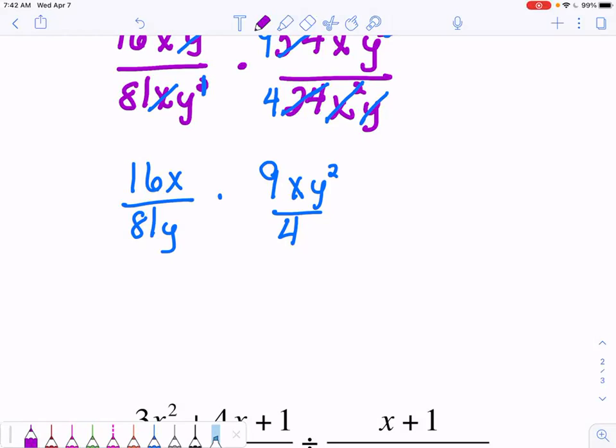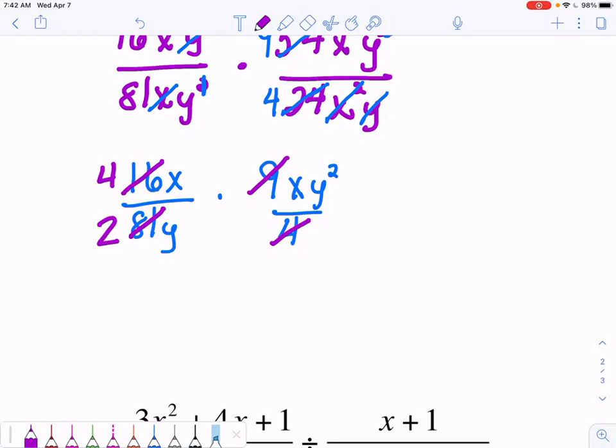So I can take 16 and 4 and reduce them. 16 reduces to 4 and the 4 goes away. Looking at the other diagonal, the 9 is in the numerator, the 81 is in the denominator. They can reduce. 9 goes into 81 9 times.